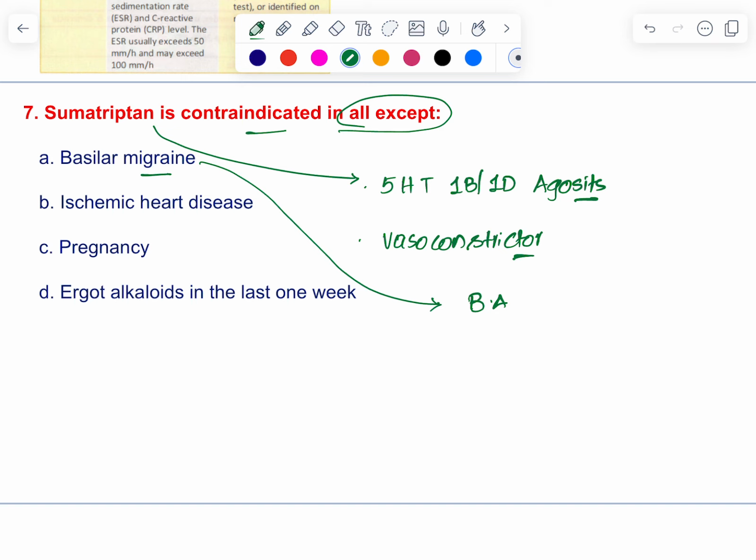vasoconstriction. And these patients with basilar migraine, along with the migraine, have involvement of the cranial nerves, so there will be cranial nerve deficits.